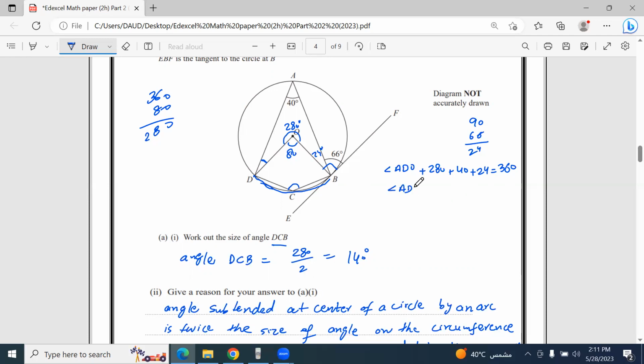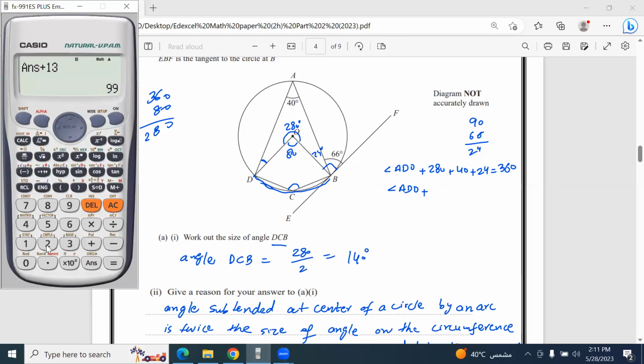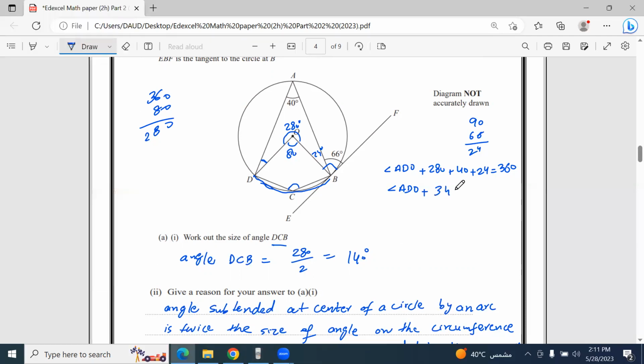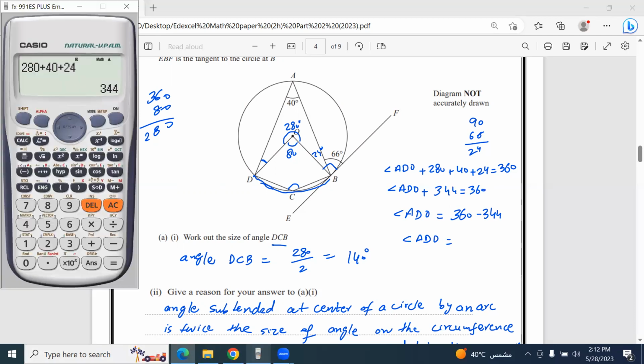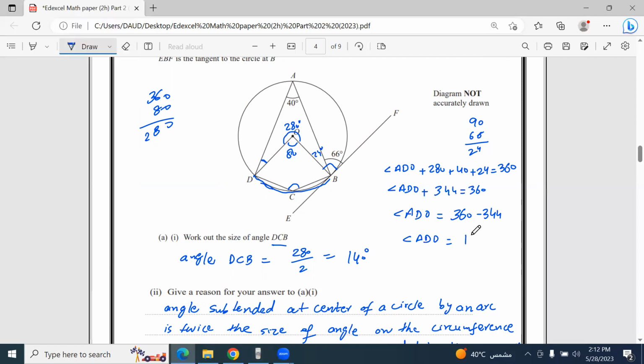So angle ADO is equal, if we add all this, 280 plus 40 plus 24, that gives me 344 is equal to 360. So angle ADO is equal to 360 minus 344, that gives us ADO, and it is equal, so 16.